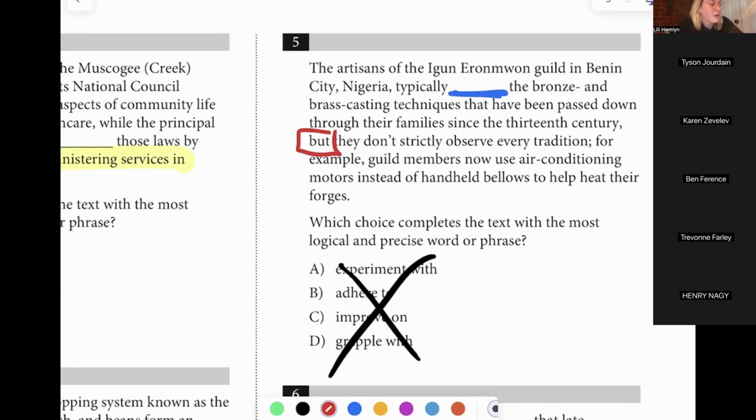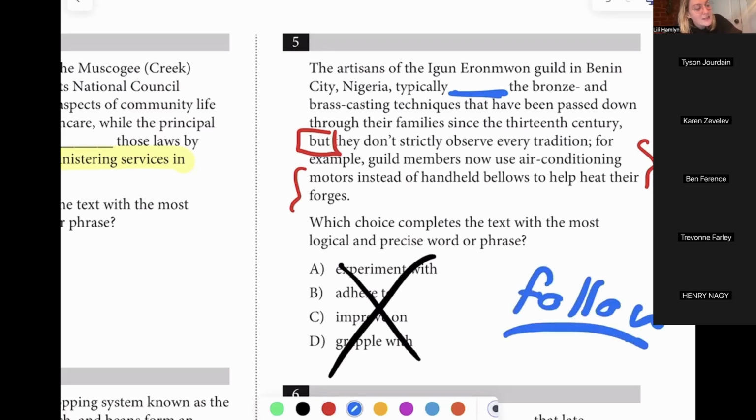For example, they use air conditioning motors instead of handheld bellows to heat stuff. So we're being told that they typically do something with these traditional methods, but not always. So if they don't entirely do it, we would say they typically follow the old methods, right? Because there's a few elements which they don't, but typically they are following them.